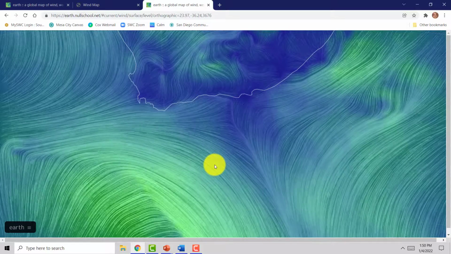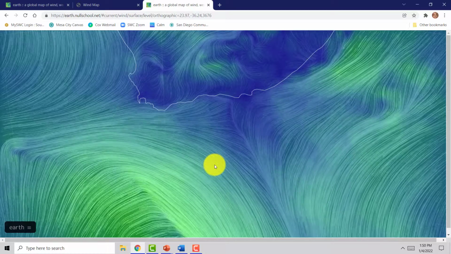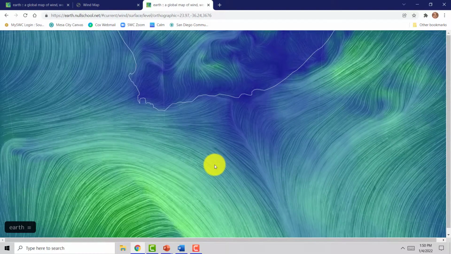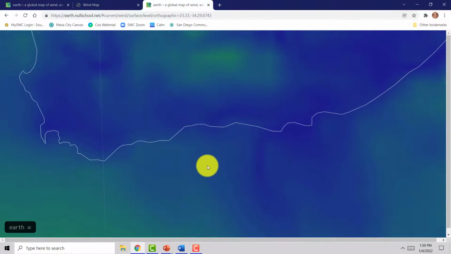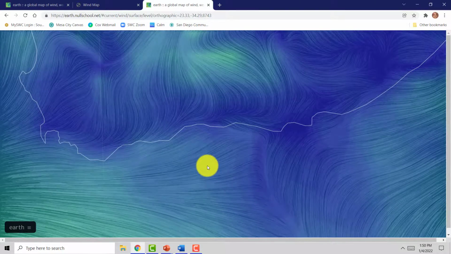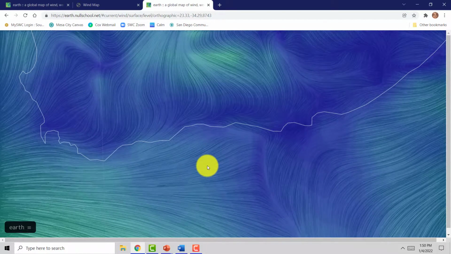Magnitude is another word for amount, and so the direction and the speed of the wind is shown by the movements and the thickness of the lines. I can zoom in even closer, and you can see some patterns there that are happening.